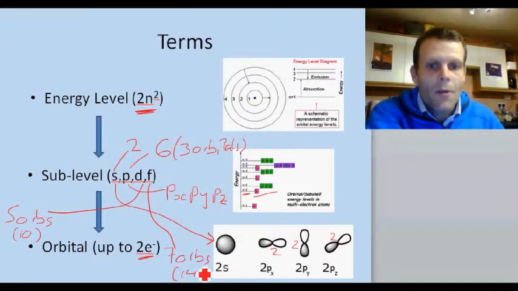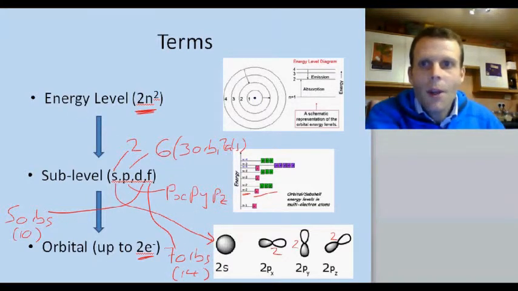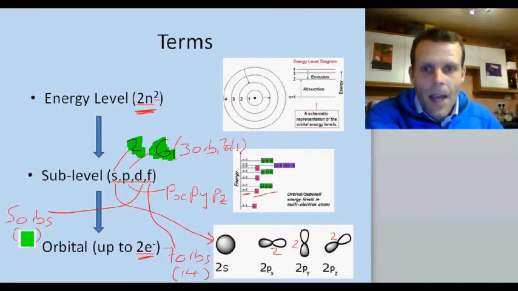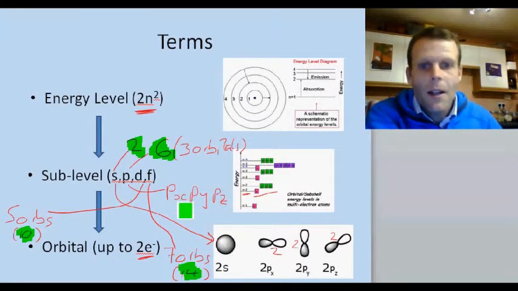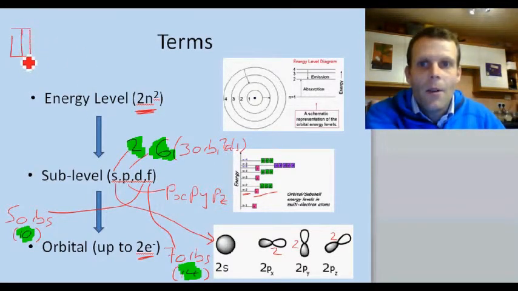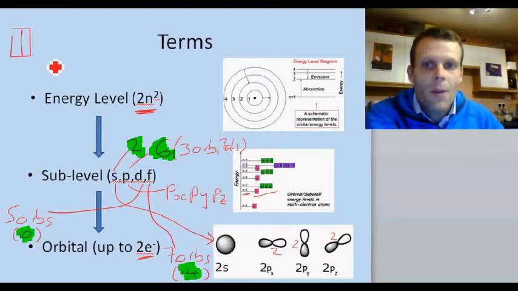And if we look at these numbers, maybe not the clearest, but I've got 2 to do with my s, I've got 6 to do with my p, I've got 10 to do with my d, and I've got 14 to do with my f. It's no coincidence that if you look at the periodic table, you've got what would be described as the s block, which contains 2 columns.